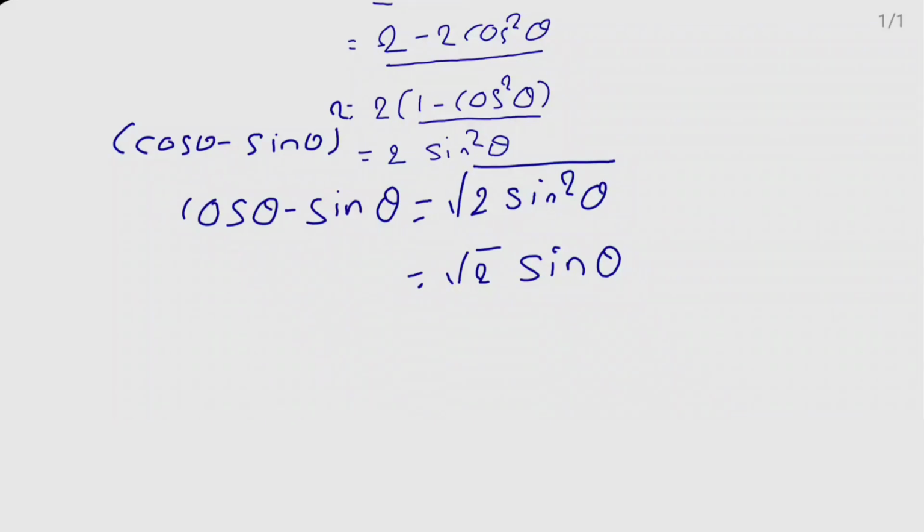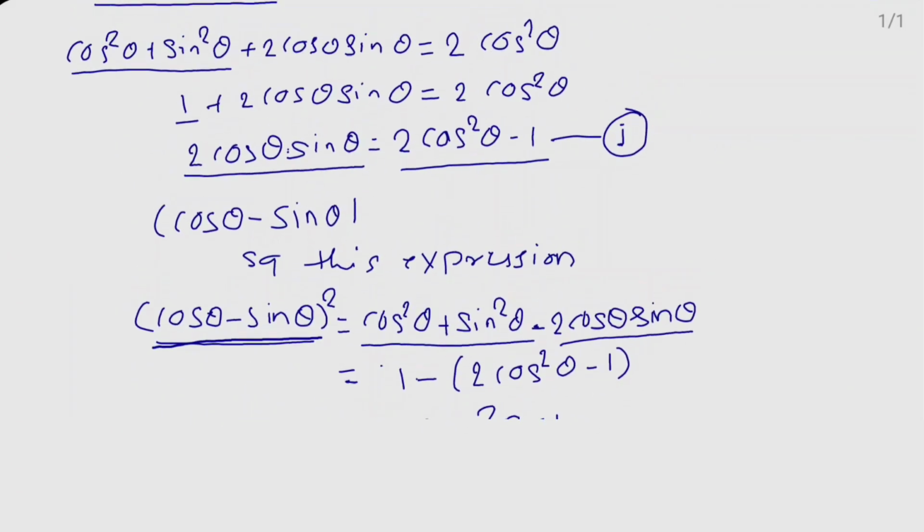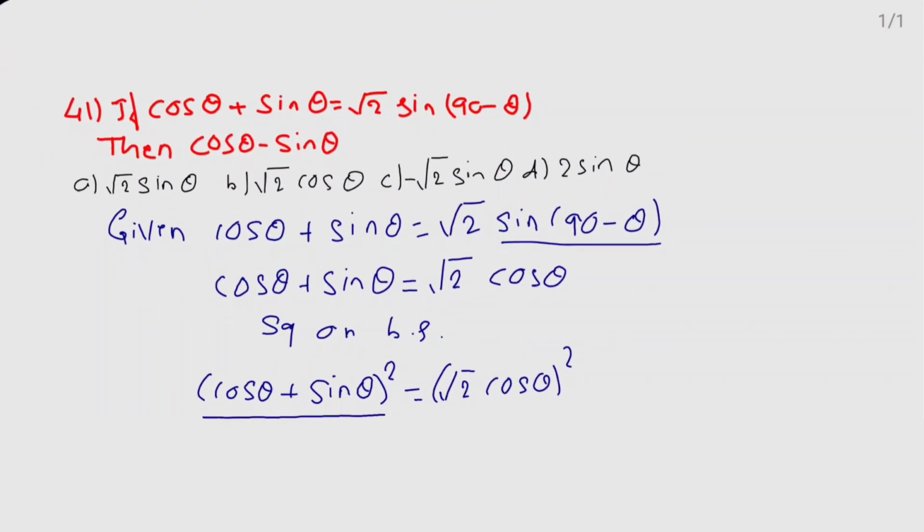So therefore cos theta minus sin theta equal to root 2 sin theta. So look at the options here. So option A is root 2 cos theta... option A is right here.